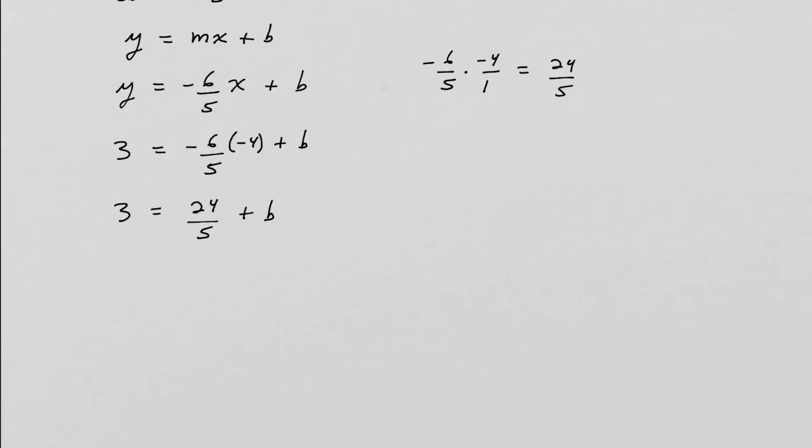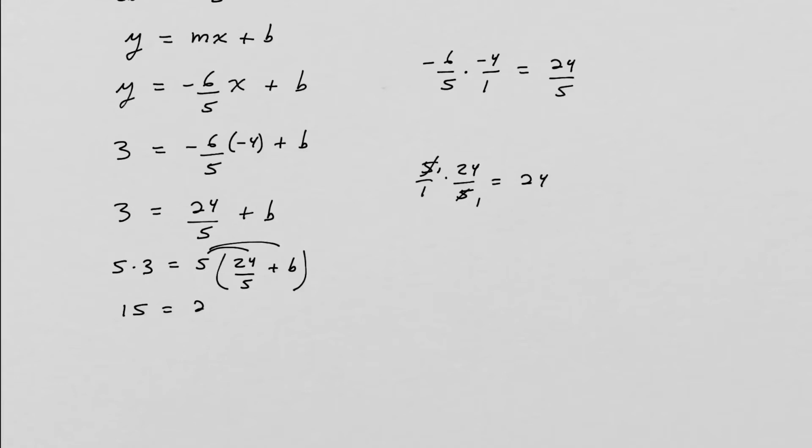I'll clear fractions by multiplying both sides by 5. So I have 5 times 3, and then 5 times the entire right-hand side. Okay, so 5 times 3 is 15. And if I distribute the 5, well, 5 times 24 fifths. Here, I'll do it up here again. Remember what that means. This is like 5 over 1 times 24 over 5. So the 5s cancel, and you have 1 and 1. You're just going to get 24.